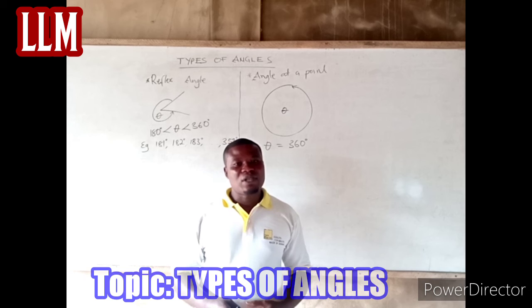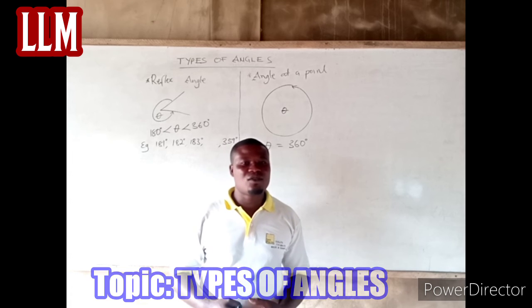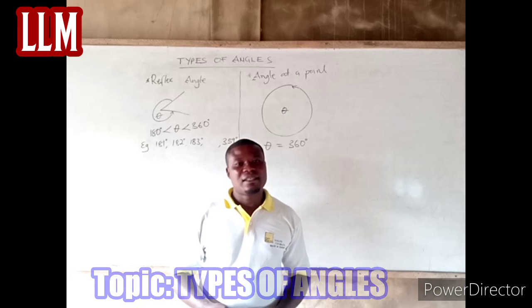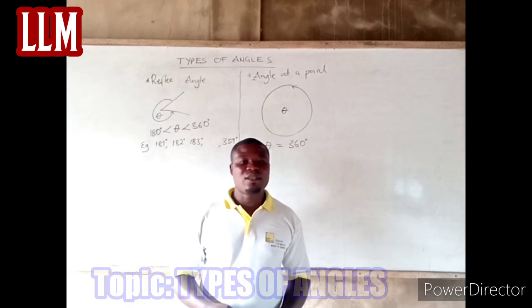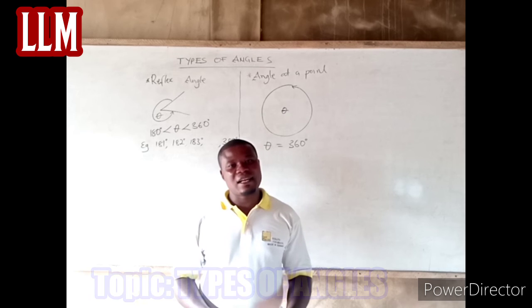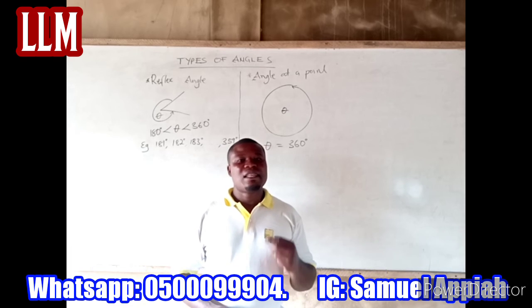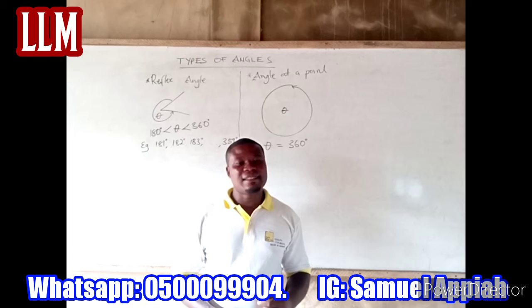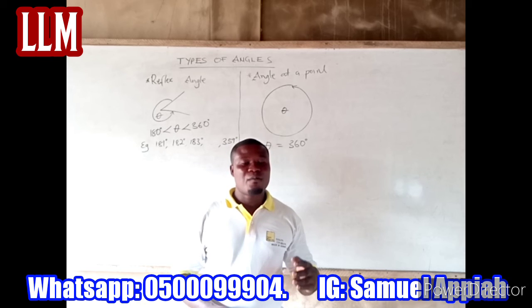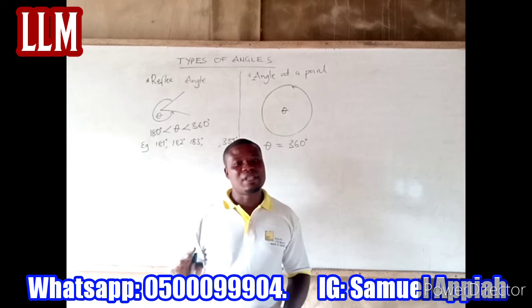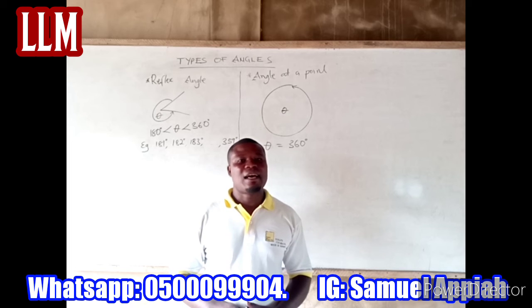We also looked at the types of angles we have. The first we looked at is the acute angle. And we said an acute angle is any angle which is less than 90 degrees. So any angle from 1 up to 90 is an acute angle.